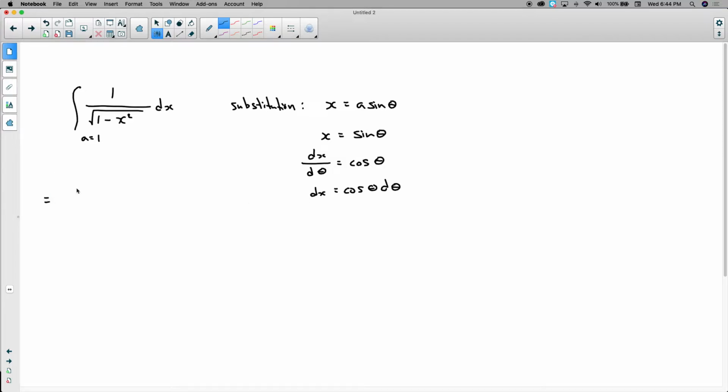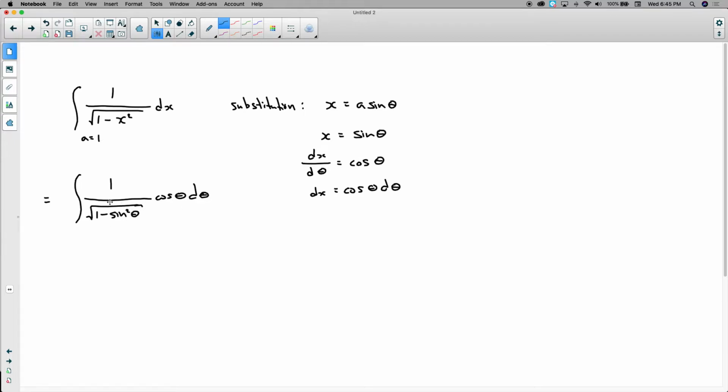And my integral now changes to 1 over the square root of 1 minus sine squared theta, times cosine theta d theta. So the x turned into sine theta, and the dx turned into cosine theta d theta.